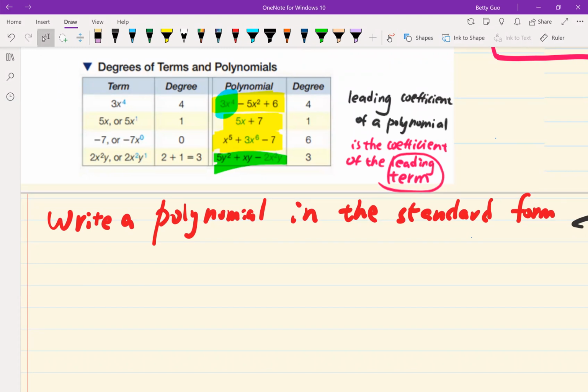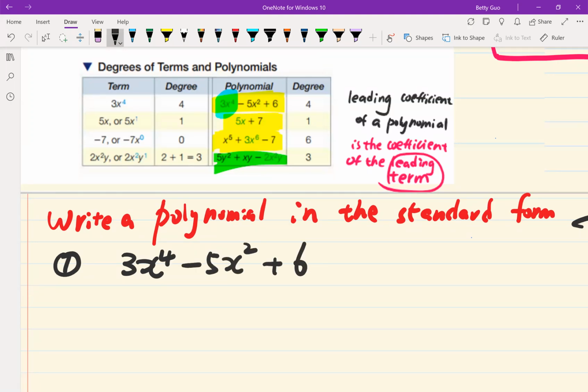Yeah, so let's take the 3 polynomials in the table as examples. The first one is 3x to the power 4 minus 5x to the power 2 plus 6, right? Okay, what's the degree of this polynomial? 4.